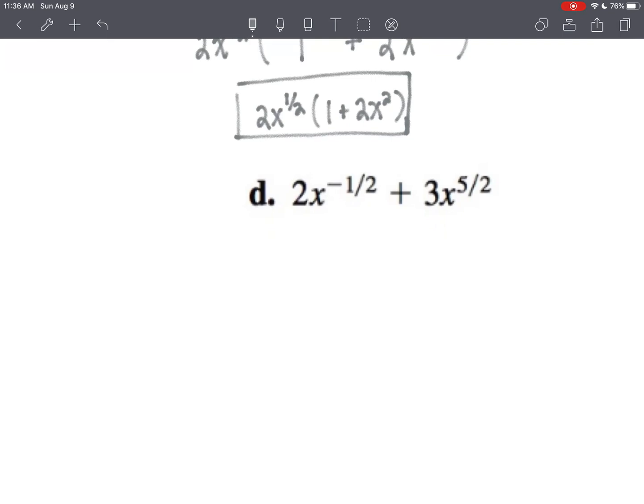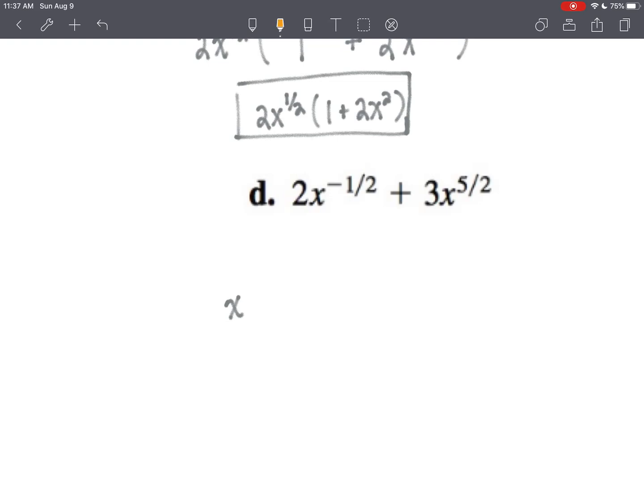Okay, so press pause, try this one on your own, and then come back, and we'll be hopefully getting the same answer together. So I look at this expression, 2x to the negative 1/2 plus 3x to the 5/2, and I see that they do not have a greatest numerical factor. However, they have a variable factor that's in common. So I'm going to factor out an x, but what exponent of x?